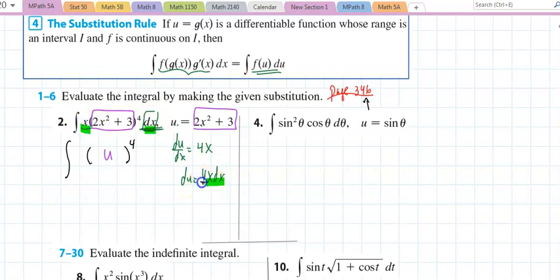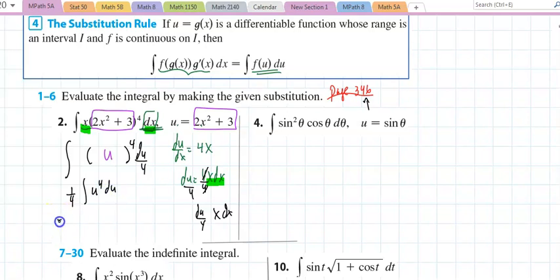So using algebra, if I'm off by a constant, I can get away with it. x dx is simply du over 4. Du over 4. And do you see what just happened? This is now just the integral of u to the fourth with a 1/4. I could take the 1/4 up front because it's a constant and integrate u to the fourth du.